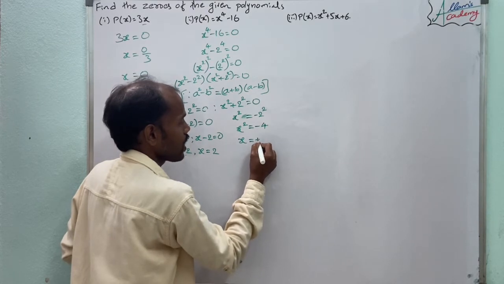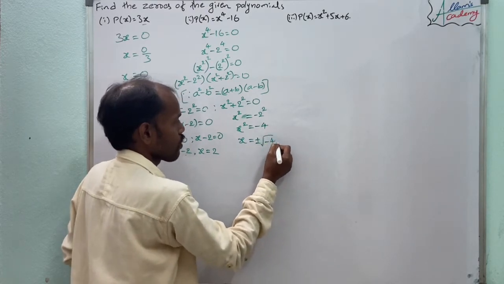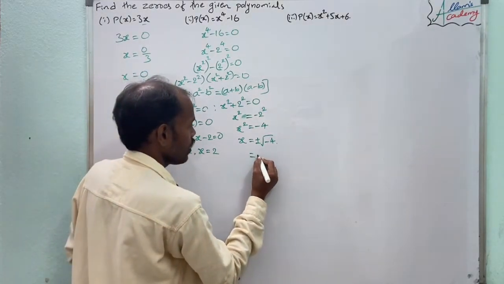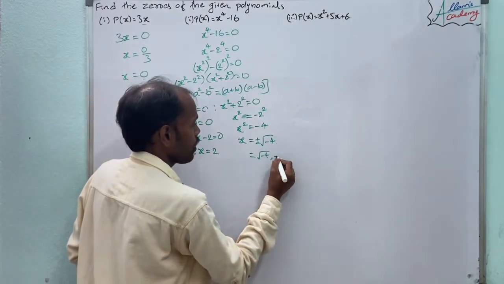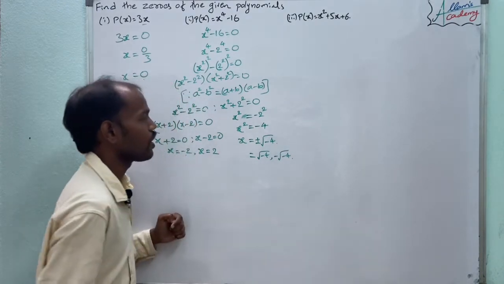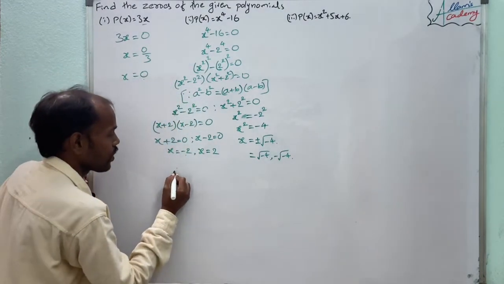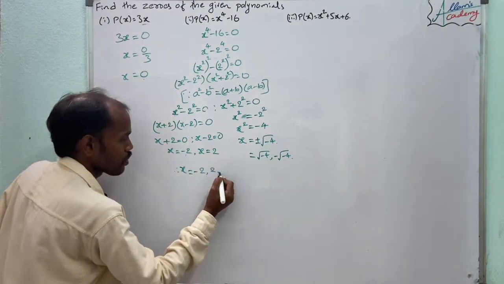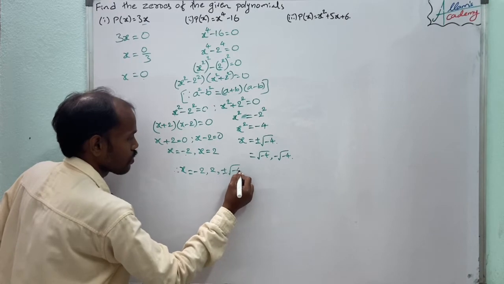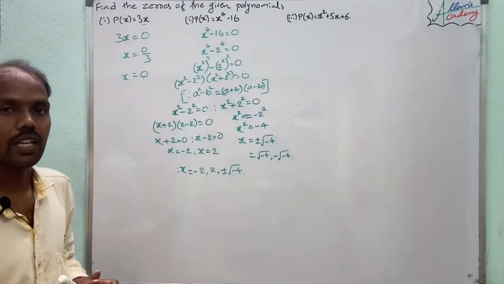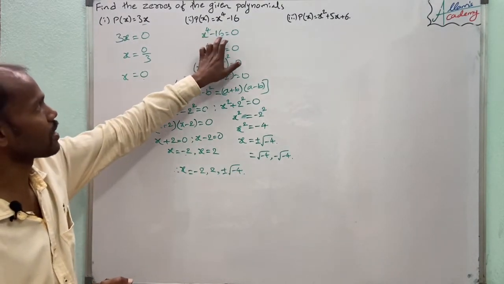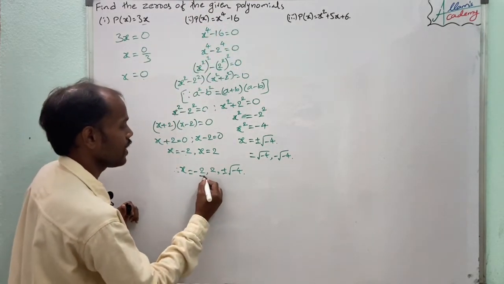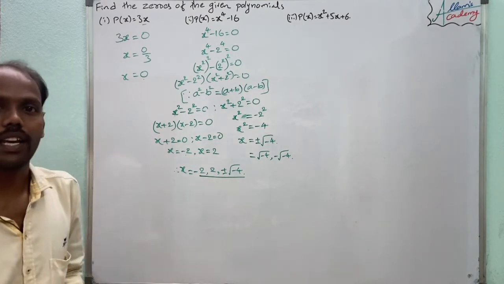So x equals plus or minus root of minus 4, that is plus root minus 4 and minus root minus 4. So in the place of x, we substitute minus 2, 2, and plus or minus root minus 4. Substituting, we get the polynomial value 0. So these 4 are the zeros of the polynomial.